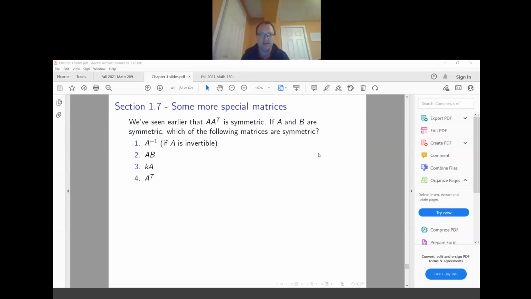Which 3 of these are symmetric and which one might not be? Quite frankly, none of this is stuff we didn't do in section 1.4. We just didn't use these words. Two of them should be fairly obvious. One might require some more thought.